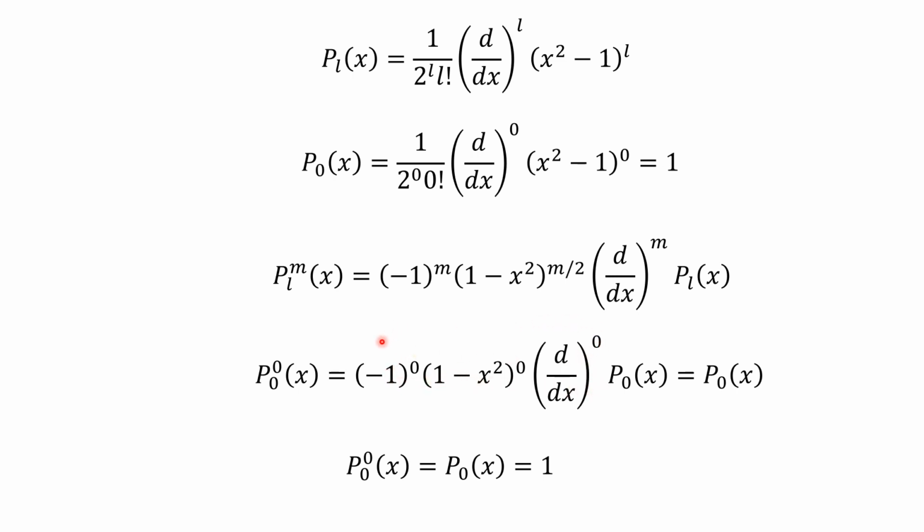So all other terms become 1, and it equals P0(x). But we have seen that P0(x) is equal to 1. That means P_0^0(x) is equal to P0(x), which is equal to 1. Keep this in mind, then we will see the spherical harmonic.